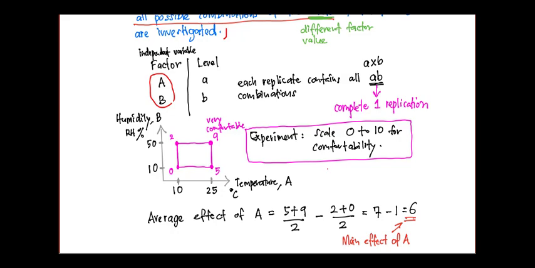So now we are going to run our experiment. How do we do that? We set temperature inside the room at 10 degrees Celsius and its relative humidity at 10%.